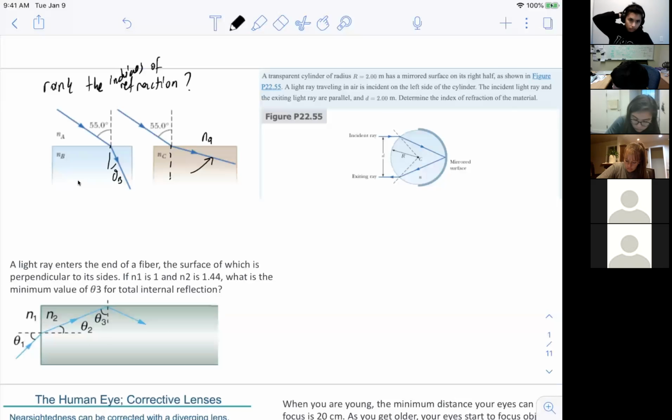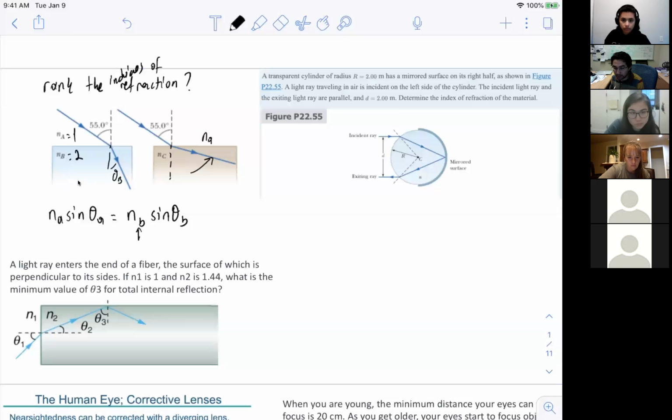You start with Snell's law: NA sine theta A equals NB sine theta B. When you are entering from a medium with a low index of refraction, let's say 1, to a medium with a larger index, you have a larger multiplier next to the angle, so sine theta B will be smaller compared to sine theta A.